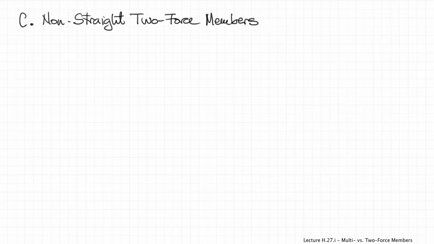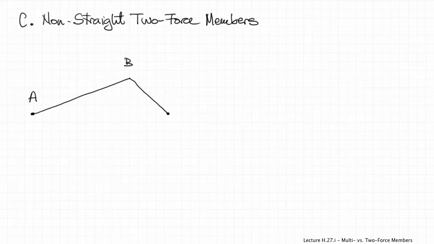Finally, we shall look at a particular case, which is a two-force member which is non-straight. So case A was dealing with straight two-force members. Case C, in this case, we will look at a non-straight two-force member, like this one here.